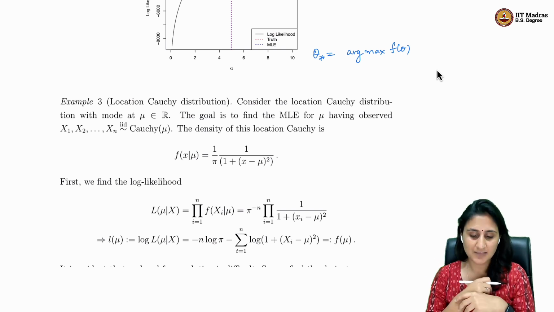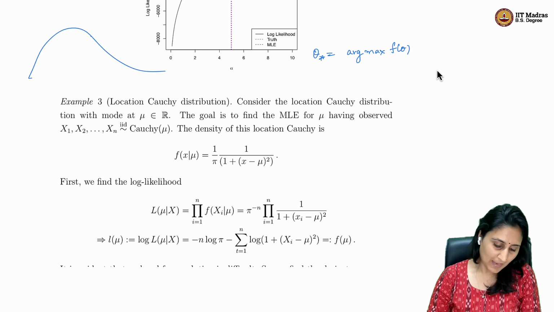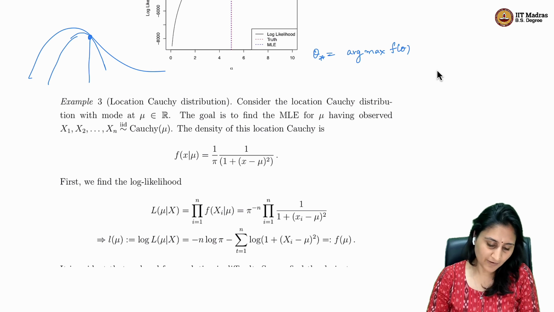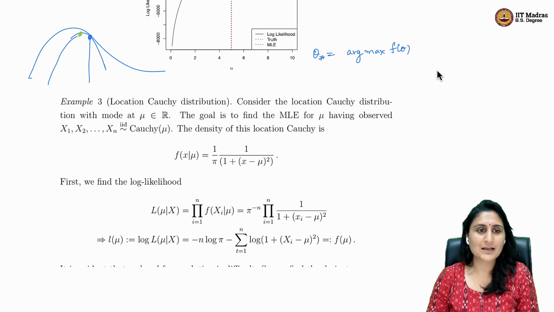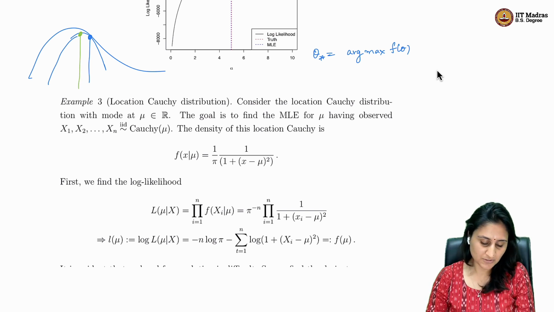And the way Newton-Raphson's algorithm works is it takes our function of interest. At a current point theta k, it draws a quadratic approximation using Taylor series, and then finds the maximizer, the optimum, of this quadratic approximation.